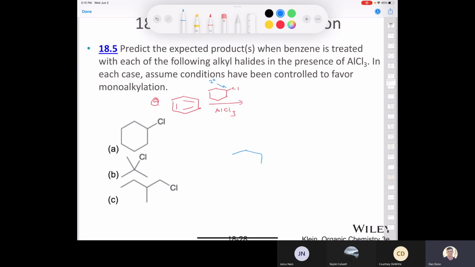The ring acts as a nucleophile, then we have the sigma complex, then a proton transfer, and so the whole cyclohexyl group is going to be attached to our aromatic ring. So we have the aromatic ring like this, with the cyclohexyl group attached directly to it.